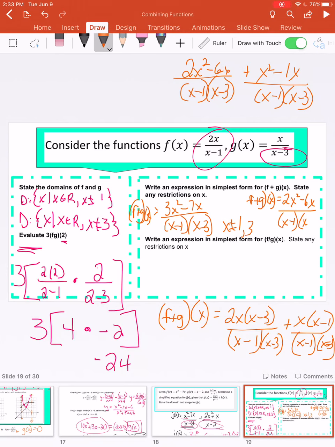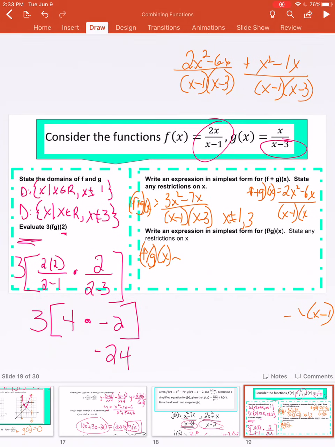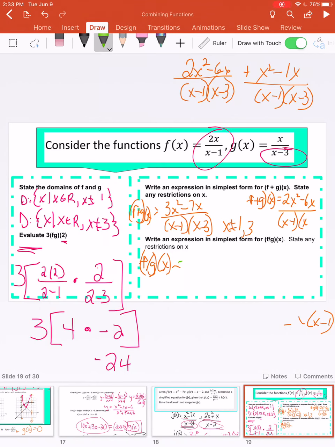It says write an expression in simplest form for f over g of x. So when you're dividing, so this time we're dividing two rationals. And I'm going to erase down here so that I have more room and use a different color. So when we're dividing two rationals, remember you end up multiplying the reciprocal of that second rational.